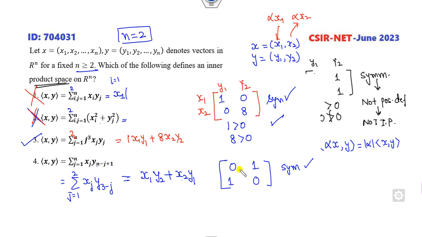Yes. The first principal minor is 0, which is not greater than 0. Moreover, the second principal minor is also not greater than 0. It means it is not an inner product. So the right answer is only C, the correct answer of this problem.